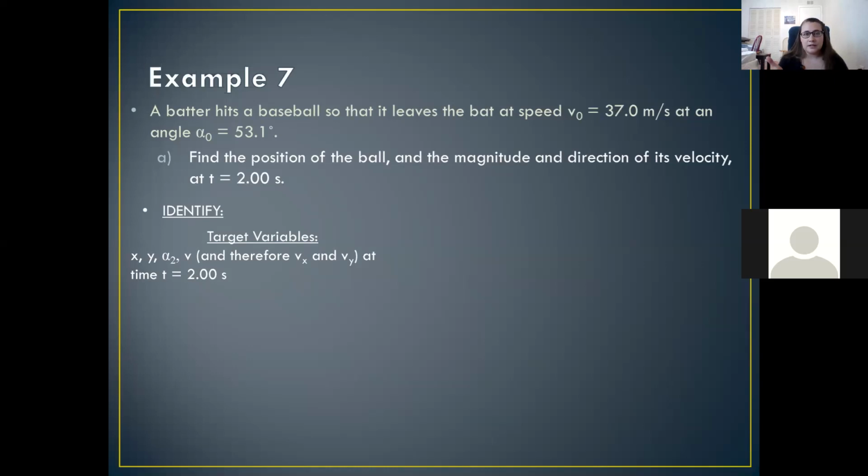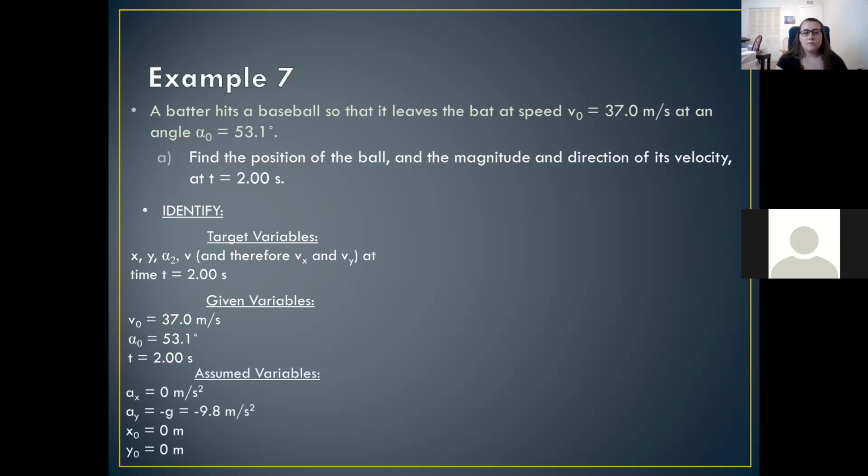So of course, we're going to need Vx and Vy again, just like we did in example 6. The things that we're given in this problem are the initial velocity of 37 meters per second, the initial angle of 53.1 degrees, and the time that we're looking at of 2 seconds.